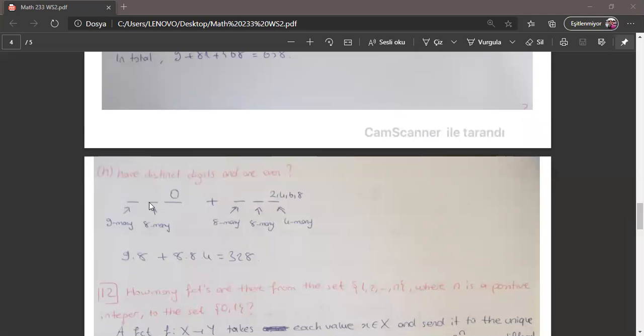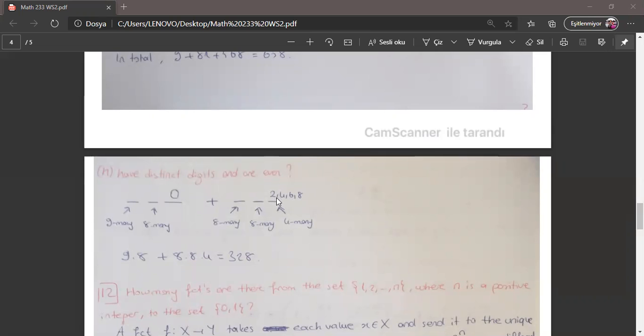And for this, as we want to have distinct digits, we have 8 many, because we cannot write here the number if we write it there, okay? So we have 8 many other choices. So for that part, we have 9 times 8, okay? Because in here, we have only one choice, which is 0, okay?